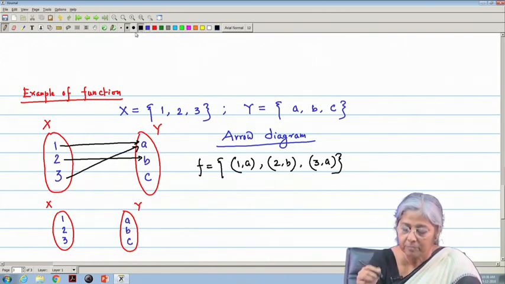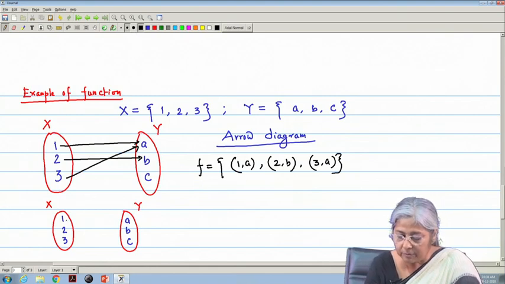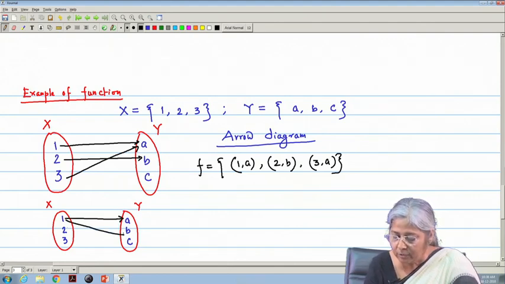I give some arrows: 1 is connected to a, again 1 is connected to b, 2 is connected to c, 3 goes to b.